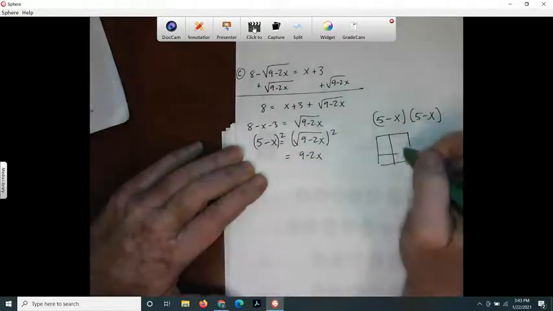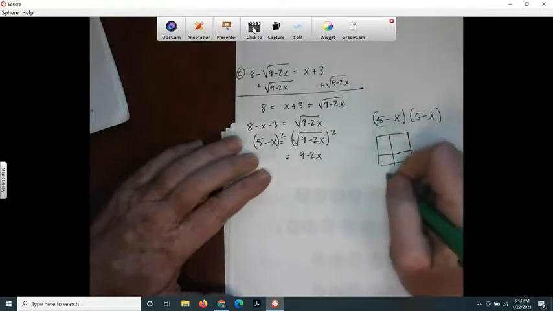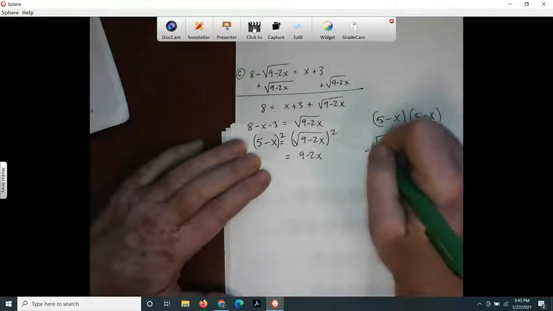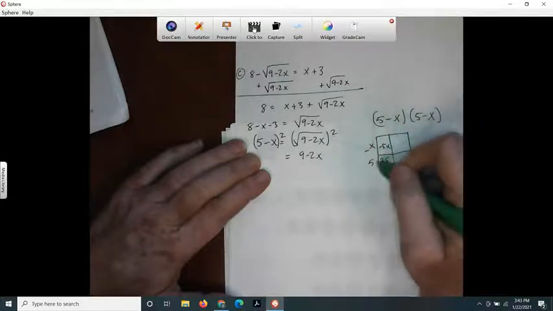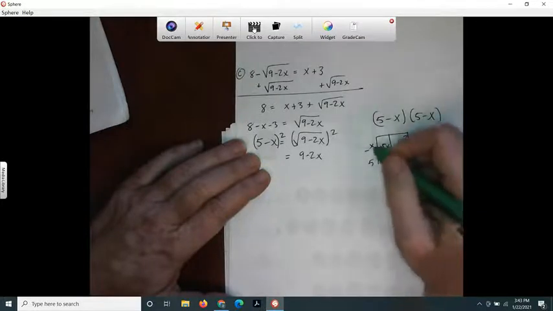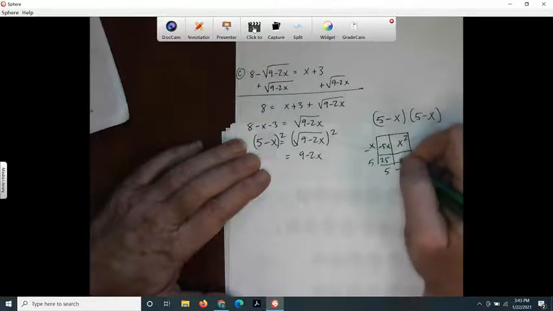That means you have to multiply: 5 times 5 is 25, 5 times negative x is negative 5x. Basically, it's going to be 5 minus x and 5 minus x. So you're going to get a 25, a negative 5x, an x squared, and, this is upside down to me, another negative 5x.